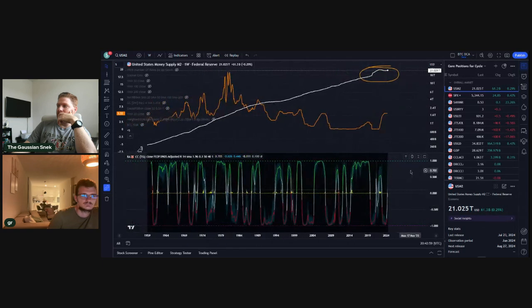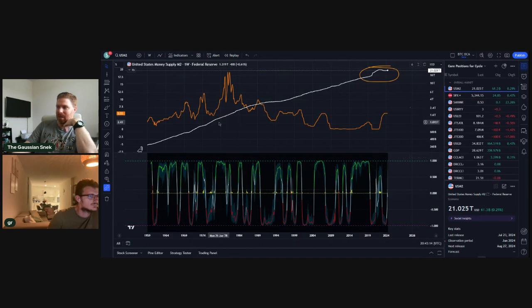So what you're seeing down below may look a little complicated, but I think it is a reflection of how tightly correlated moves in the money supply are with changes to the federal funds rate.